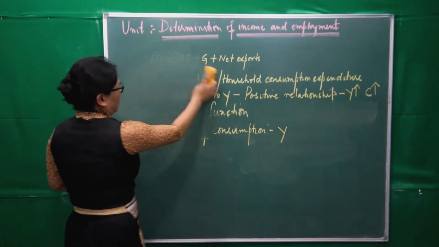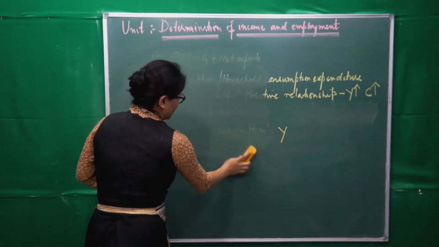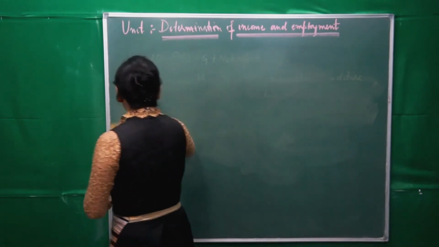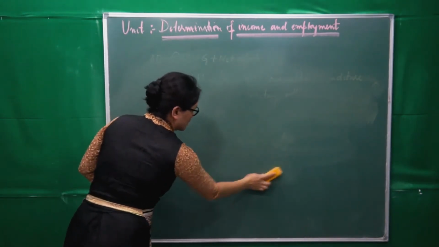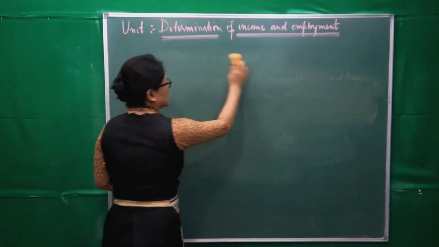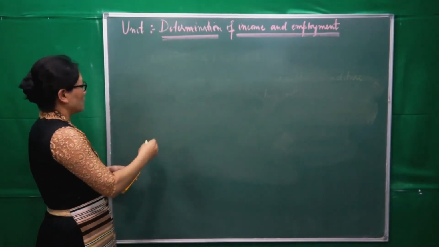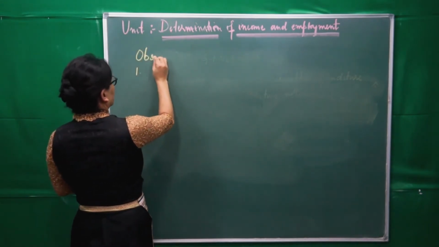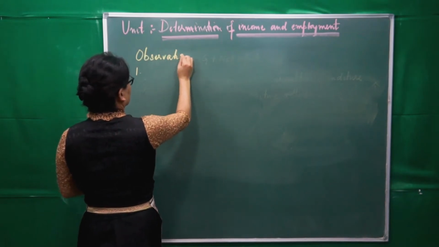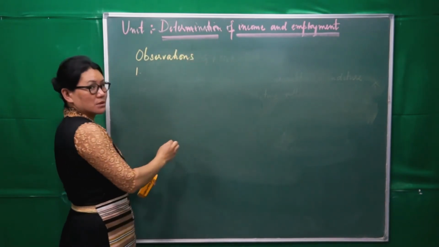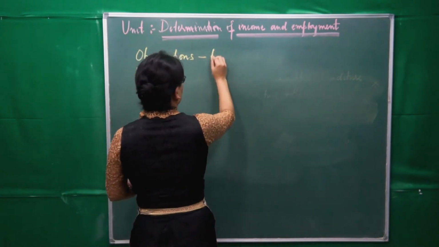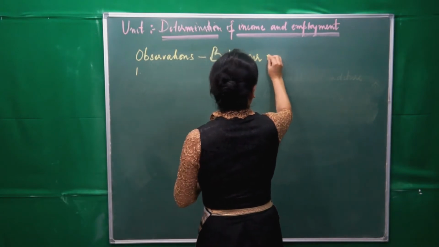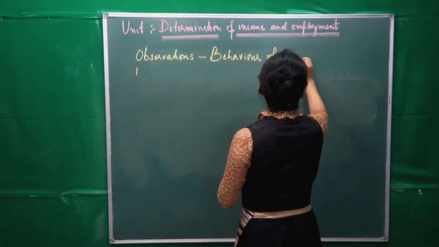Now, we will see the three important observations under the behavior of C, consumption.